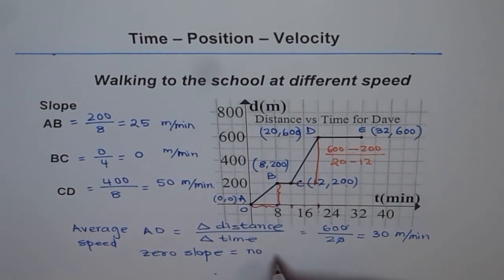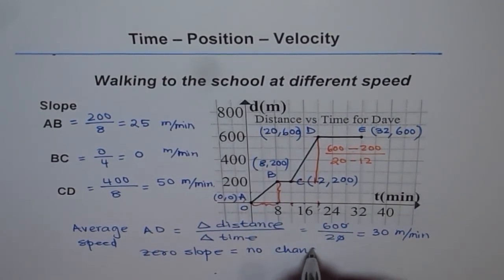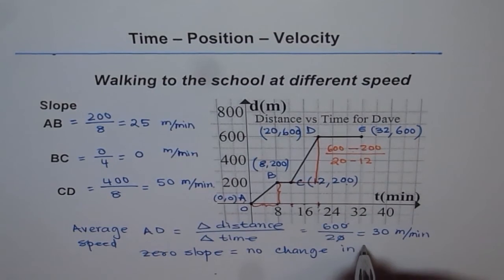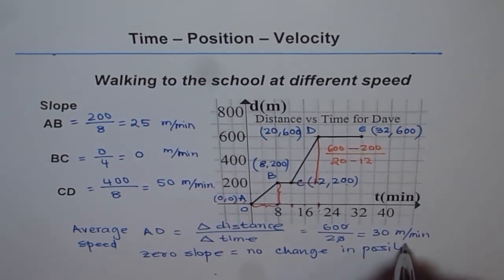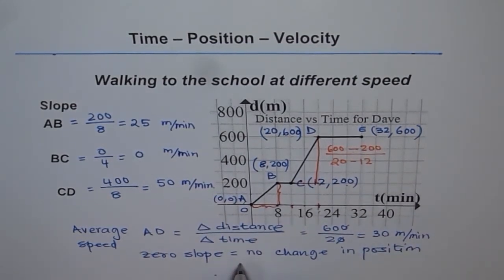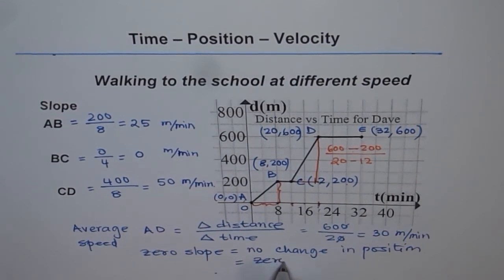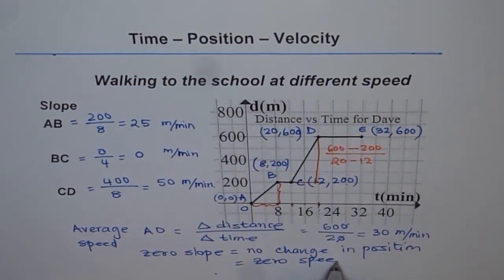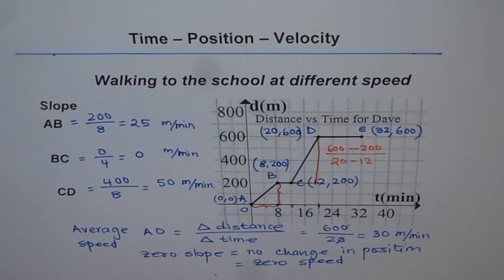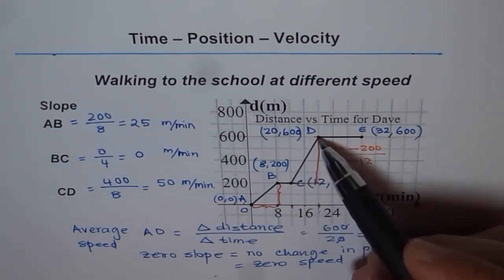No change in position, right? No change in position. Position remains the same, and that means 0 speed. So 0 slope means 0 speed, and the steeper the slope, the faster the speed, right?